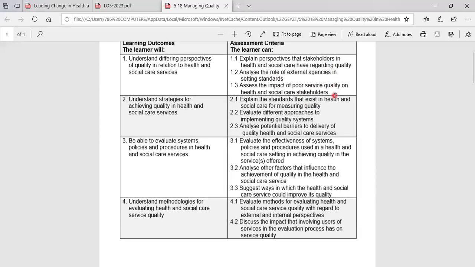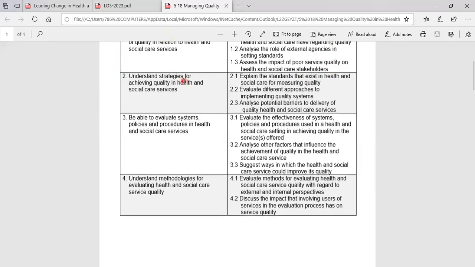Then the second learning outcome is understanding strategies for achieving quality in health and social care services. So you're explaining the standards that exist in health and social care for measuring quality, evaluating different approaches to implementing quality systems, and analyzing potential barriers to delivery of quality health. We've talked about this. And then the third bit is to evaluate systems and policies.